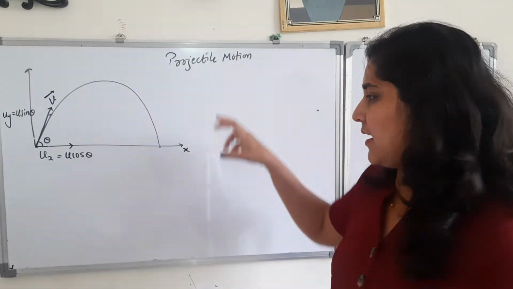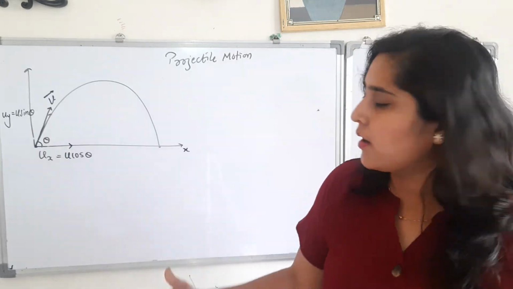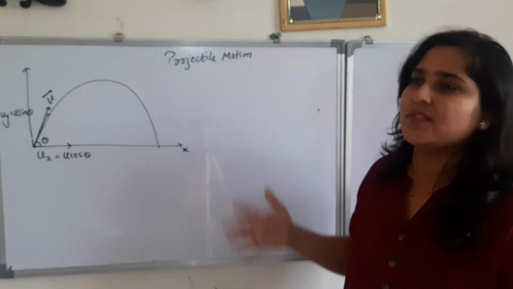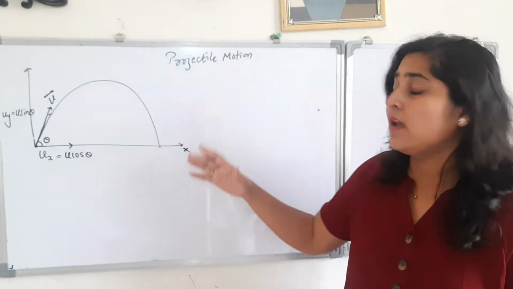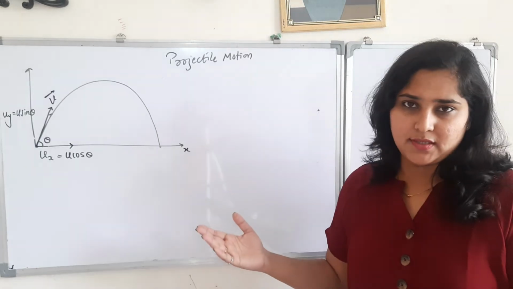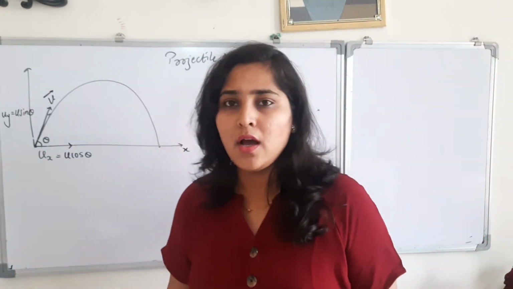This table is not directly given in your book, but we can make it, and then we try to solve things like what the time is, what the range is, what the height of the projectile is, and so on. So we try to form that table first, which is for your knowledge.